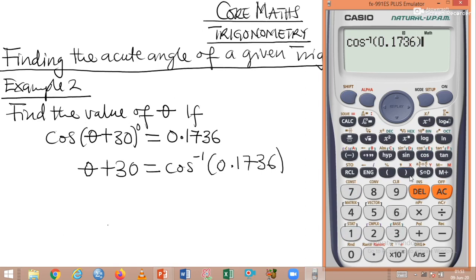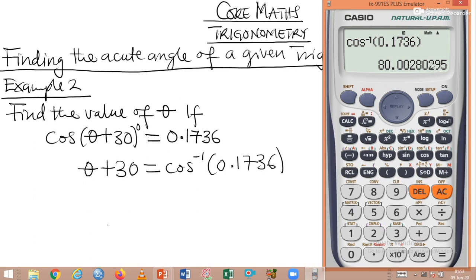Then you close it. Equal to. Good. So what are we getting? Take note of the value. 80.00280296.